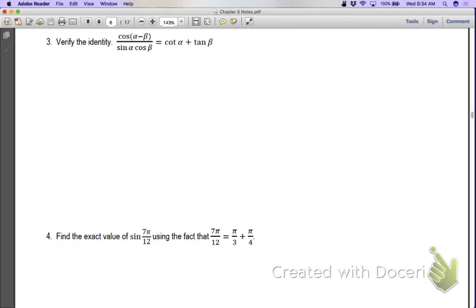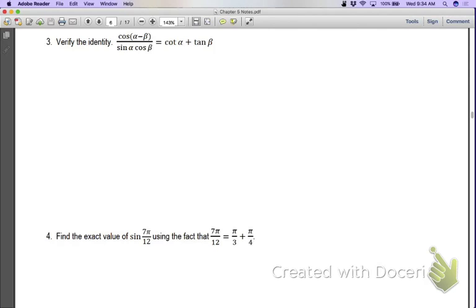It was all well and good when we were trying to figure this out and learn it whenever it was all new. Now we want to pump the brakes on that and not do it every single time. So we don't necessarily have to. We could change cotangent of alpha plus tangent of beta and write it as cosine over sine and sine over cosine.